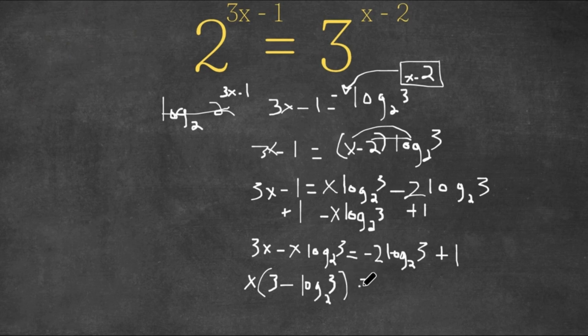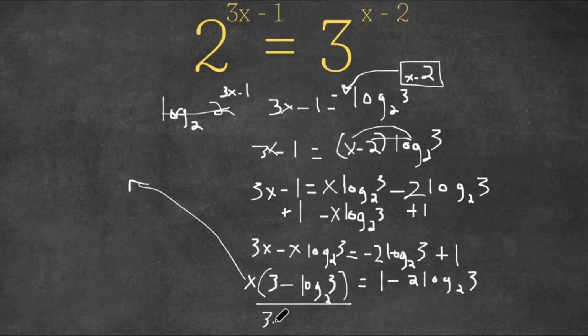And this equals, well, I could just say 1 minus 2 of log subscript 2 of 3. All right, so now let's bring this over here. So now we're going to divide by 3 minus log subscript 2 of 3 so we can isolate x.